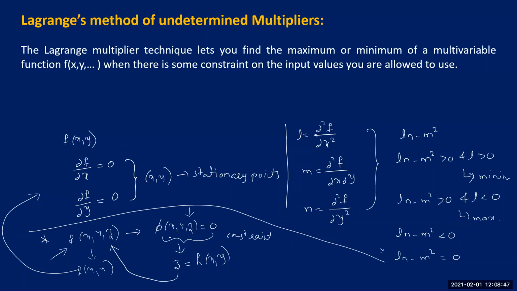As we discussed in the last class, we need to rewrite this function with z as a function of x and y, and then reduce the original function to a function of two variables, right? And then again we proceed, first finding the stationary points, and then evaluating the second order derivatives.